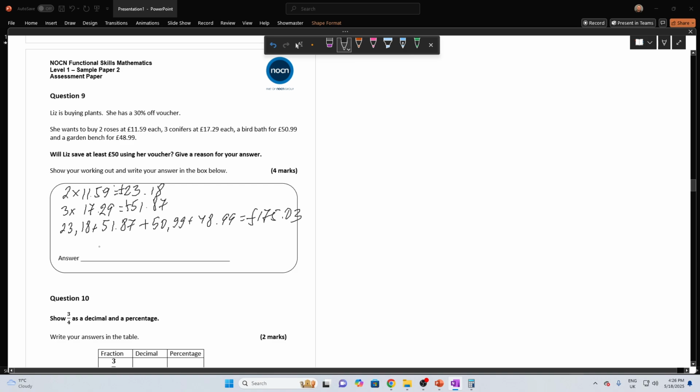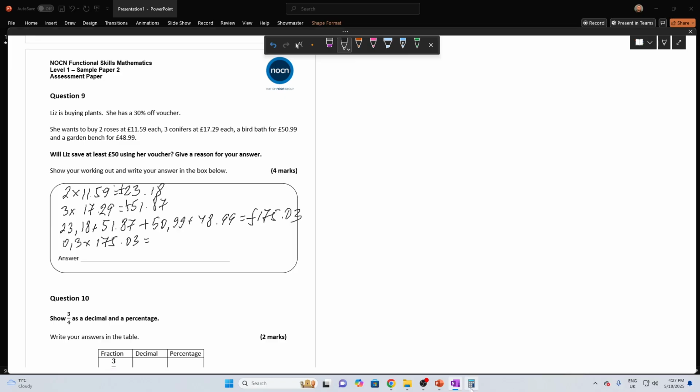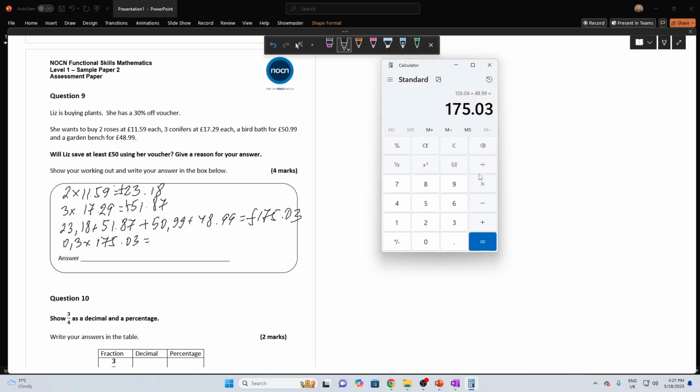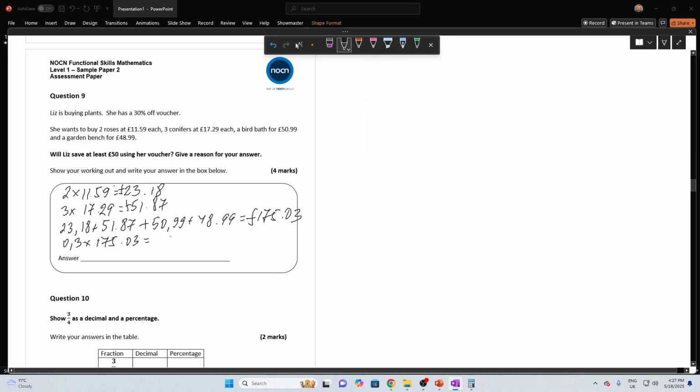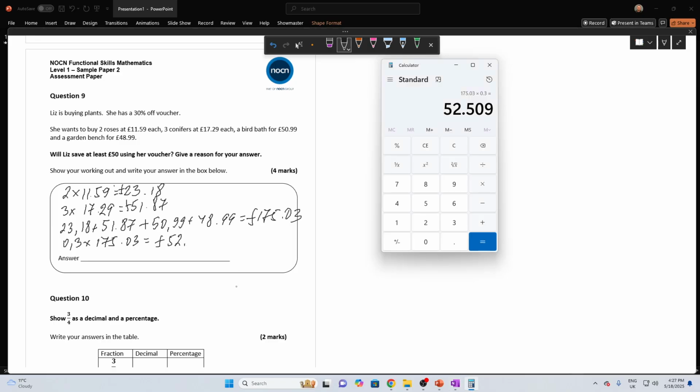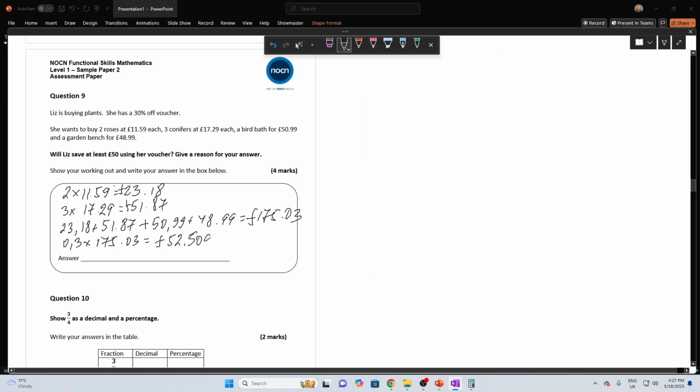So how are we going to calculate the discount? I have 30%, or 0.3. We multiply by 175 pounds and 3p, and this is going to be 52 pounds 51.